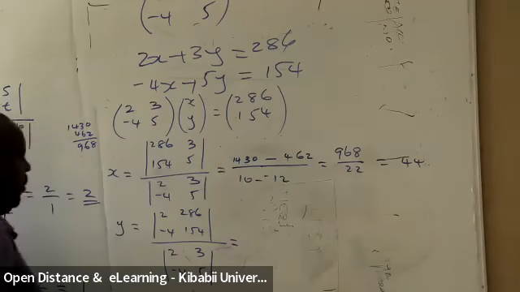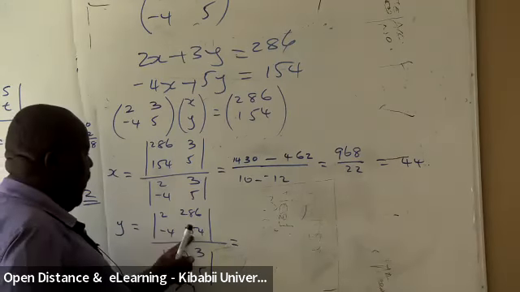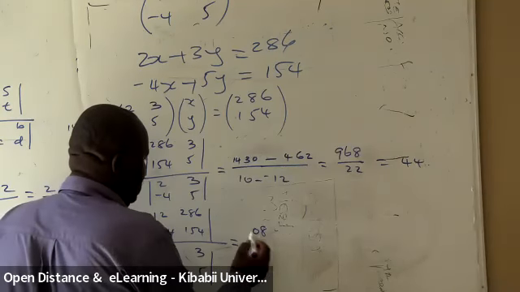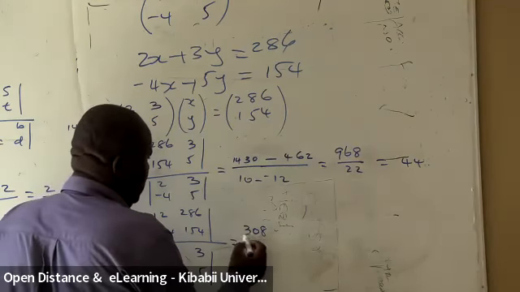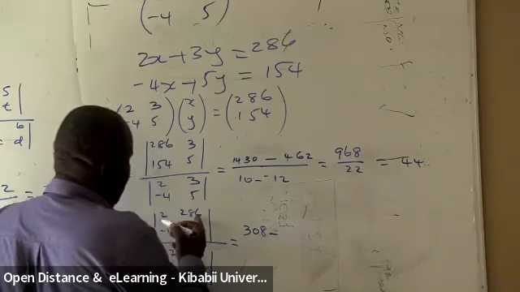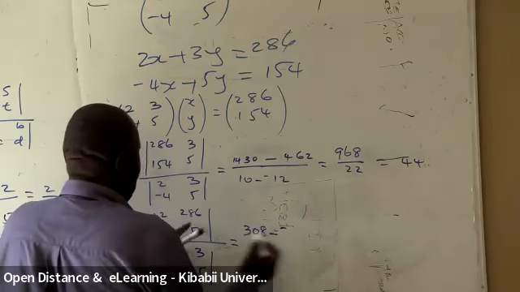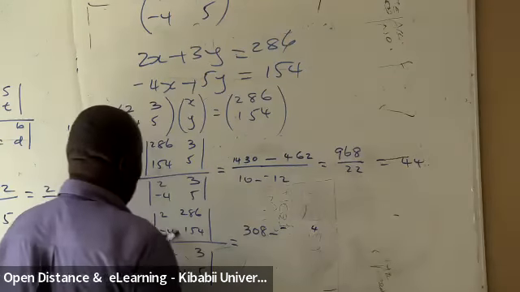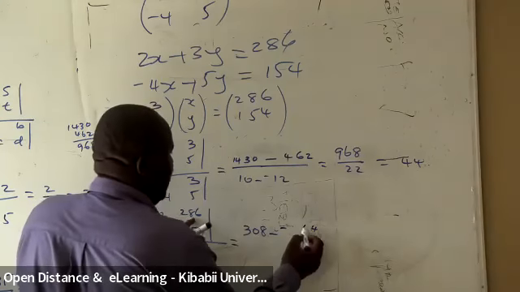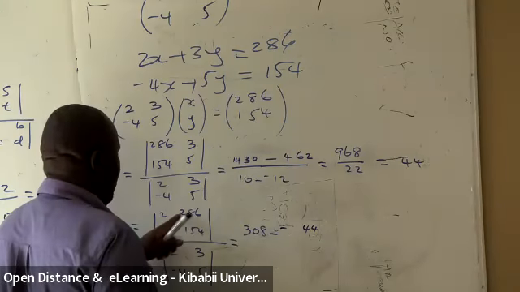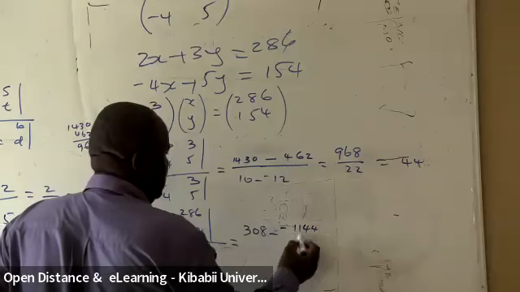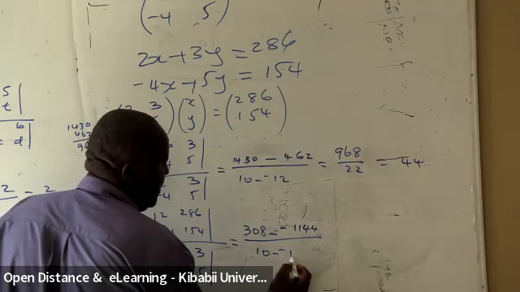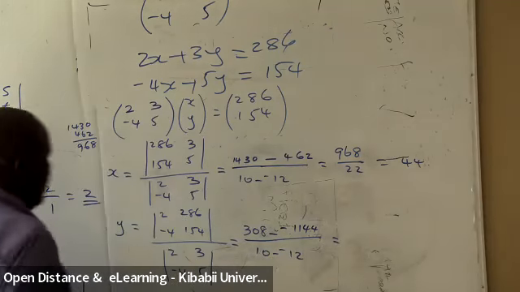This will be equal to 2 by 154, minus negative 4 by 286, divided by the denominator, which is 10 minus negative 12.